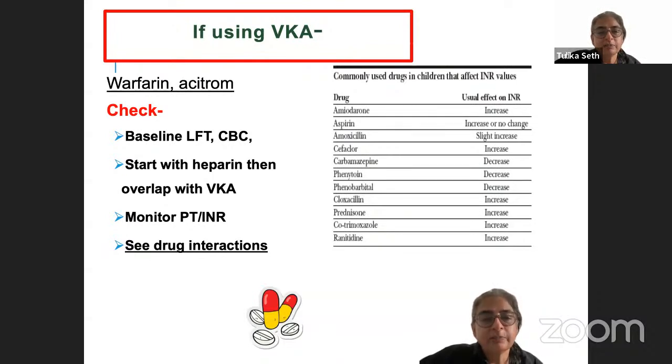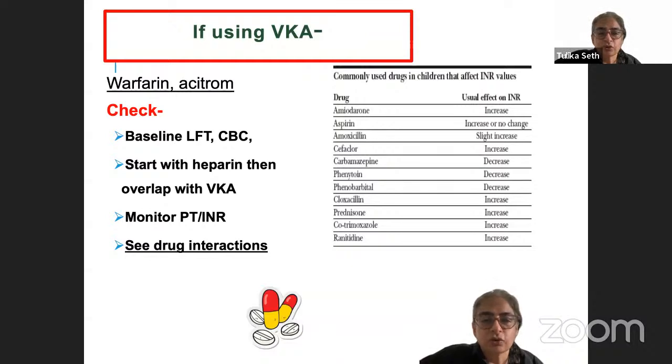You should always do a liver function test and CBC, because if the liver functions are deranged, then you might want to avoid vitamin K antagonists because you may end up with more bleeding. CBC is to make sure that you're not missing thrombocytopenia or any other problems.